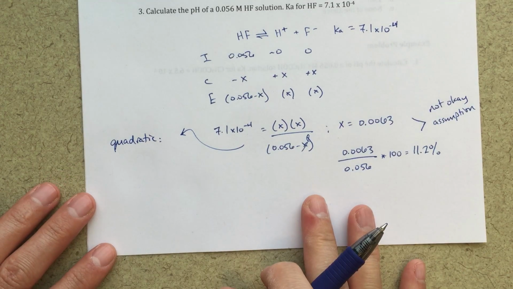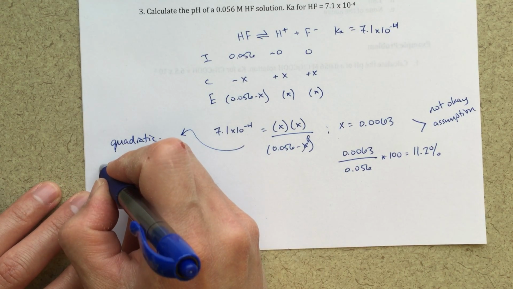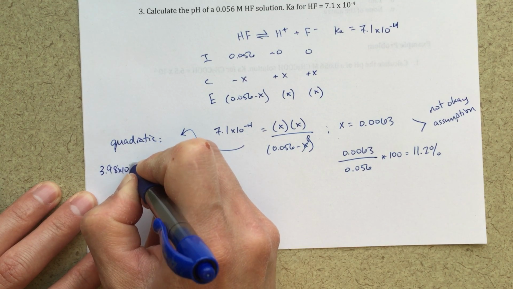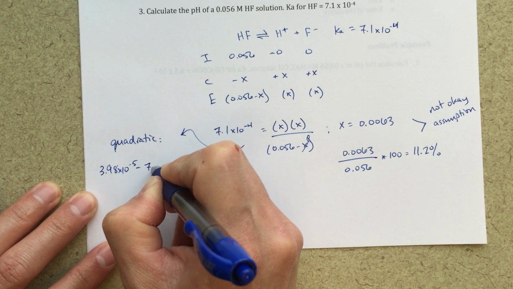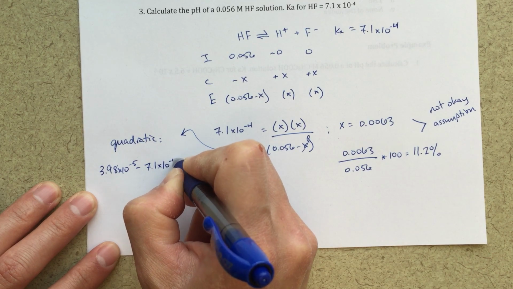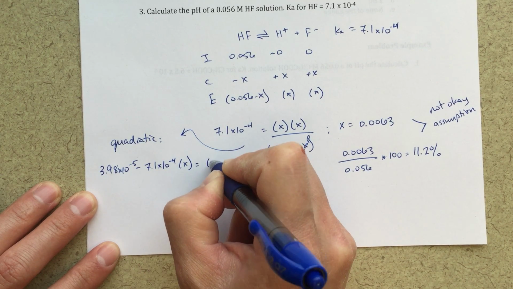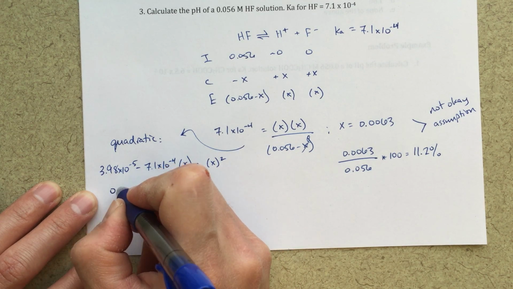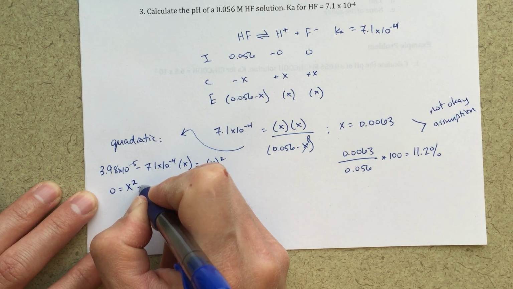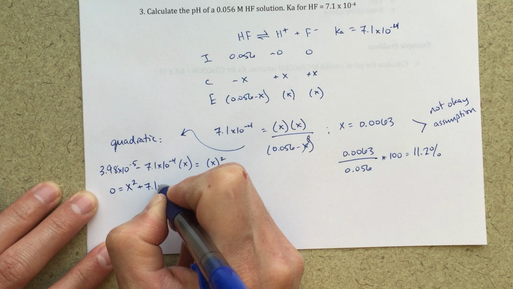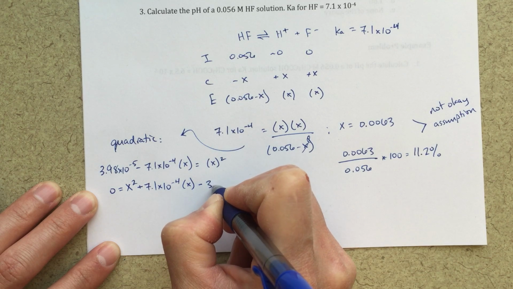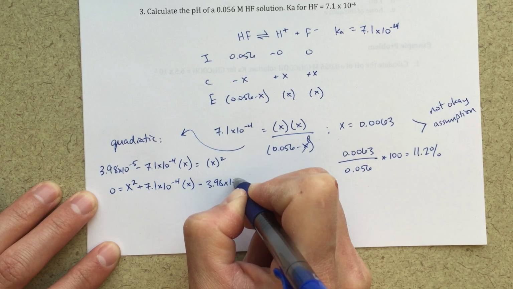So if I solve the quadratic formula, the way that would look, if I multiply everything out, is minus 7.1 times 10 to the minus fourth times x equals x squared. And then I can simplify this, so I get 0 equals x squared plus 7.1 times 10 to the minus fourth x minus 3.98 times 10 to the minus fifth.